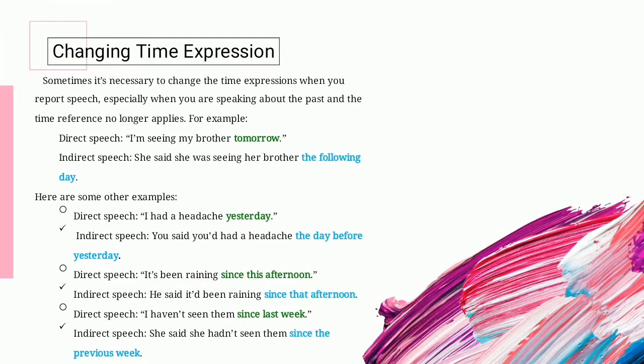Next, changing time expression. Sometimes it's necessary to change the time expression when you report speech, especially when you are speaking about the past and the time reference no longer applies. For example, in direct speech, "I'm seeing my brother tomorrow."